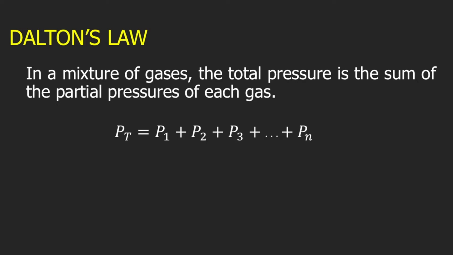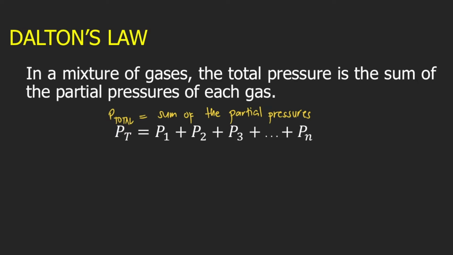So in equation form, that is P_T, or P total, equal to the sum of the partial pressures. So we have P1 plus P2 plus P3 up to Pn, depending on the number of gases in the mixture.